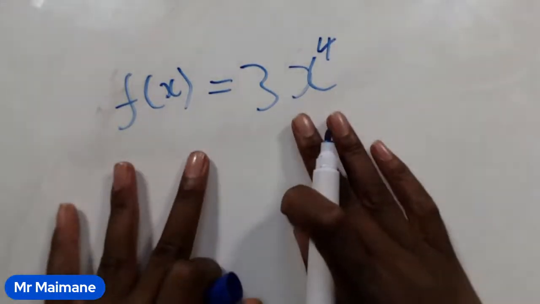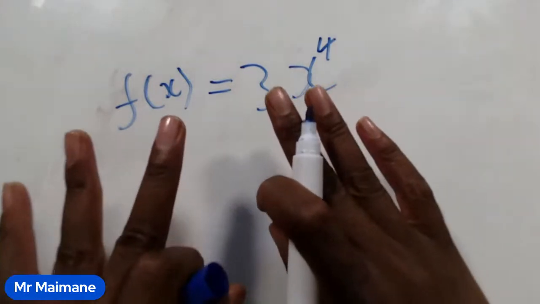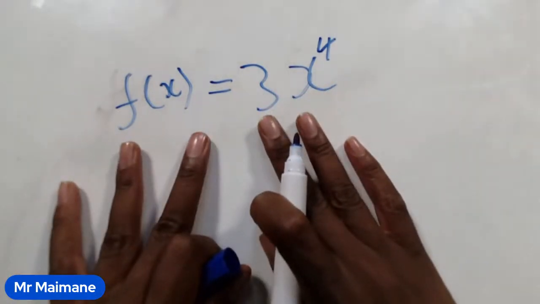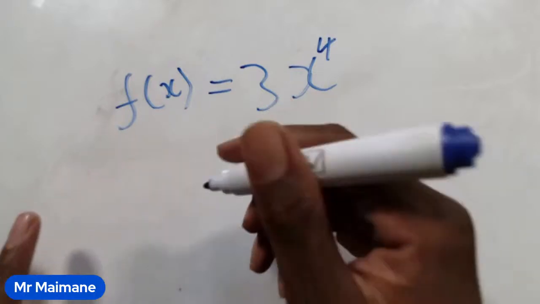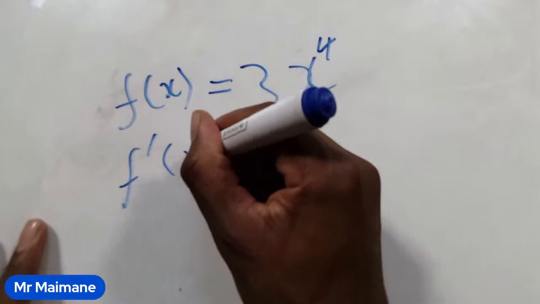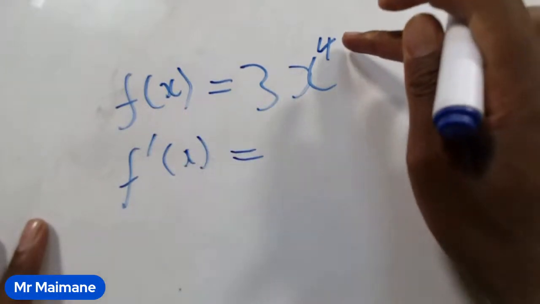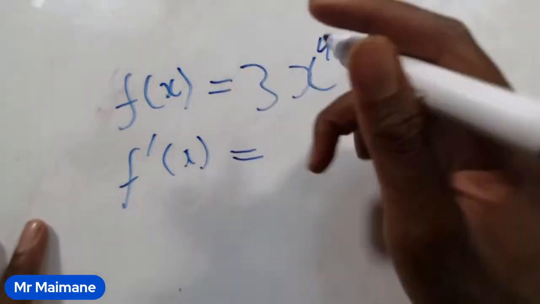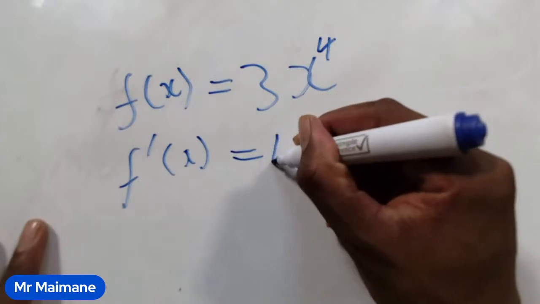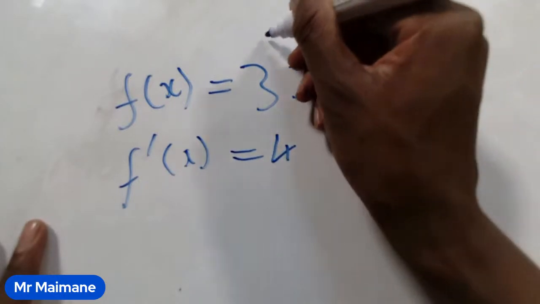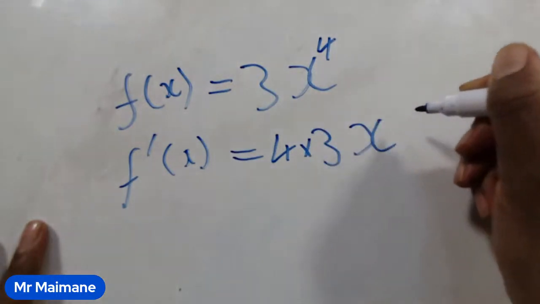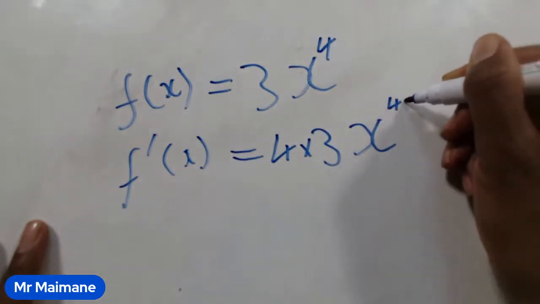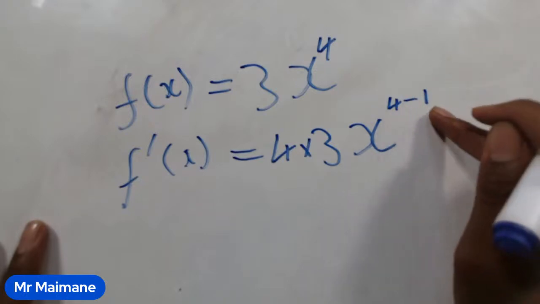The rules say if I want to differentiate this, or get the value of f prime x, it's going to be the exponent multiplied by what is at the front. So it's going to be 4. I move it from there to this side. It's going to be 4 times 3x to the 4 minus 1, n minus 1.